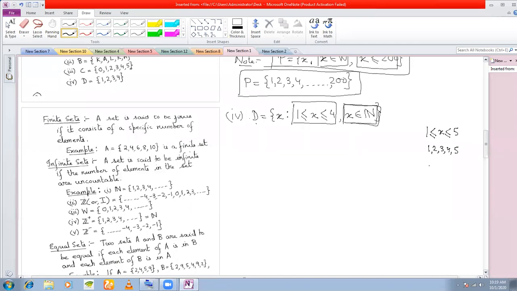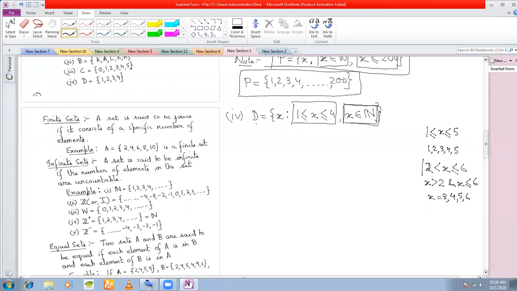If I write 2 less than X less than or equal to 6, what does this mean? That X is greater than 2 and X is less than or equal to 6. So X can be equal to 3, 4, 5 or 6.